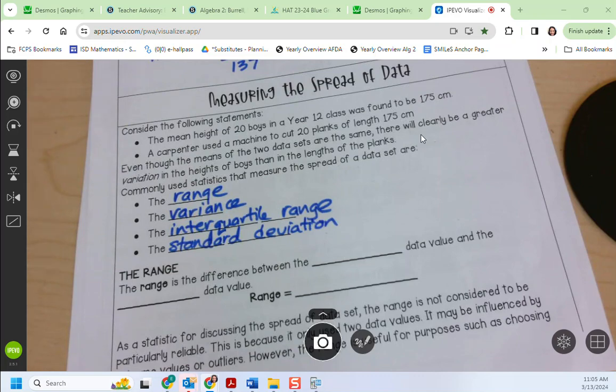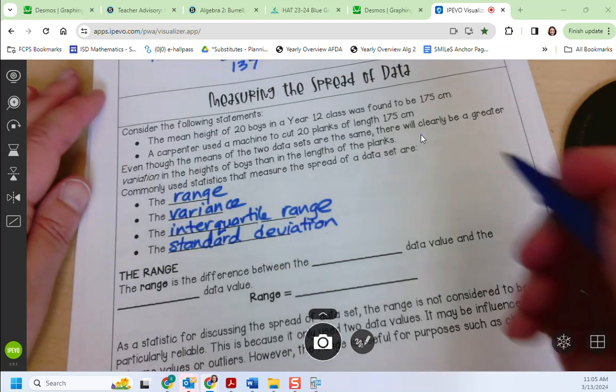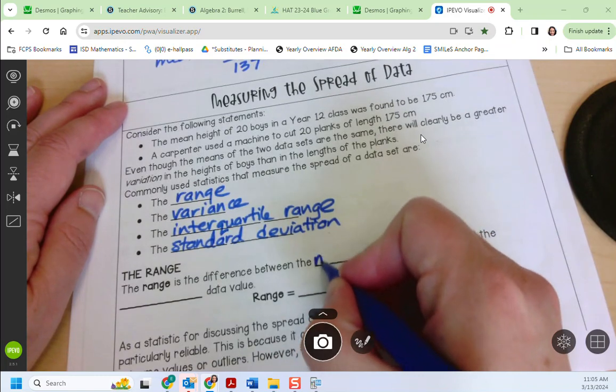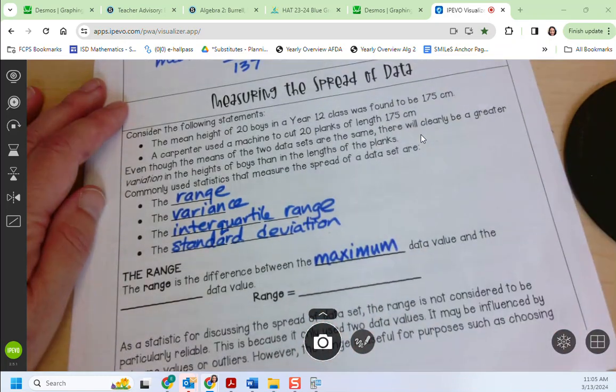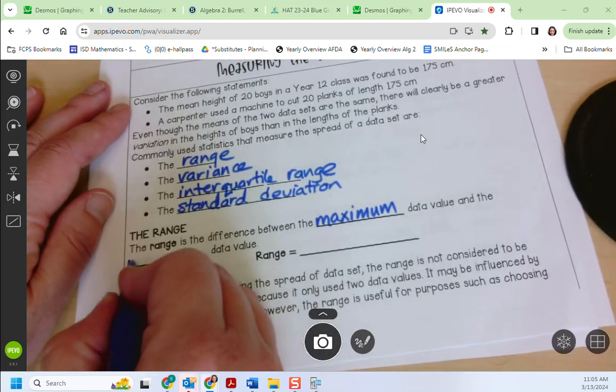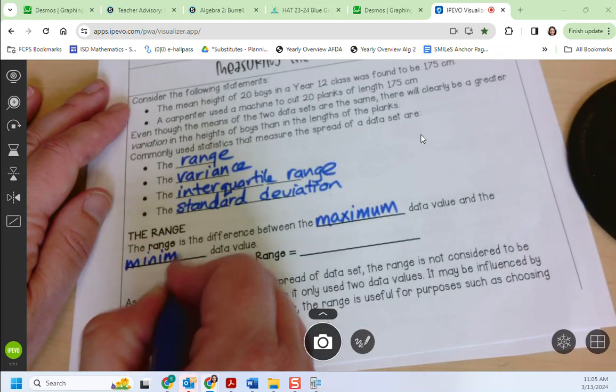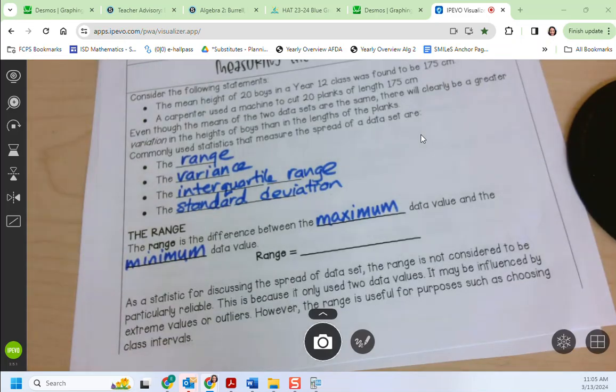All right, so the range is just the difference between the maximum and the minimum values. And so the range is literally going to be max minus min.